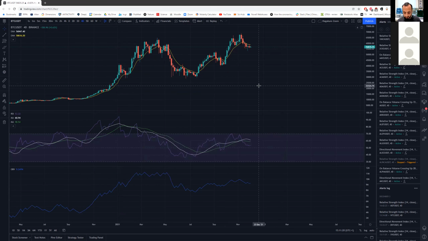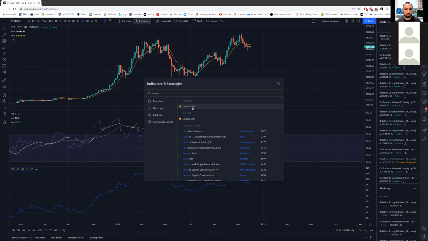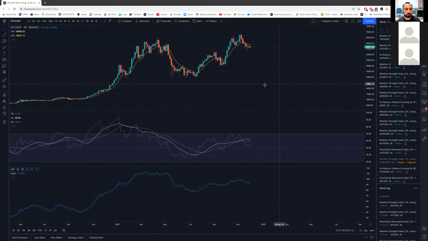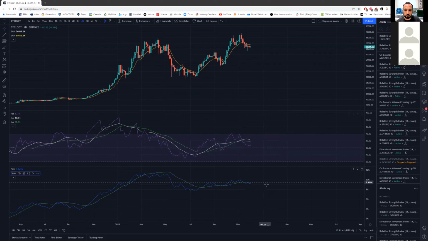Okay, in the on balance volume, you right click, add indicator, and you type WMA, once. Doesn't matter the color, but here you have to change this to 30. Time frame chart, source OBV. Beautiful. Okay.